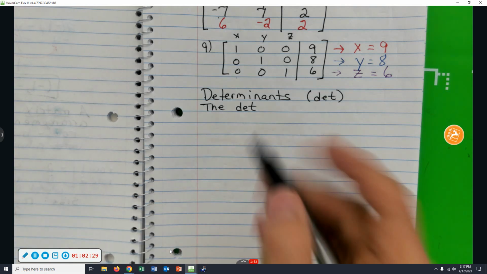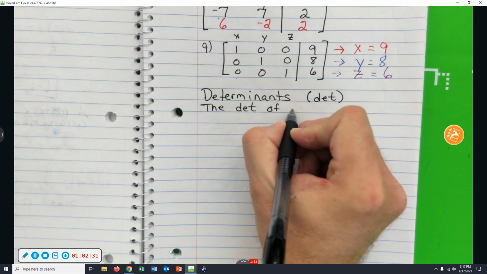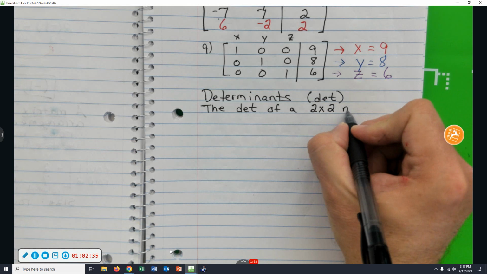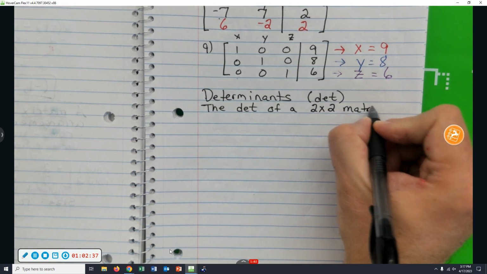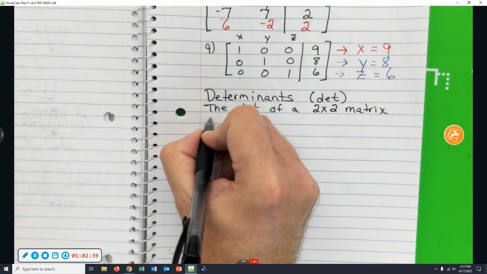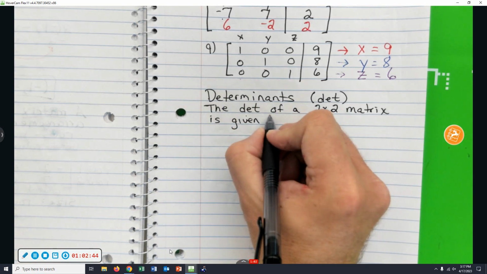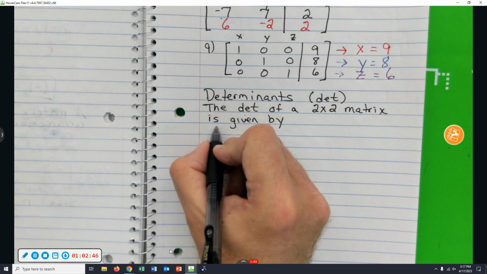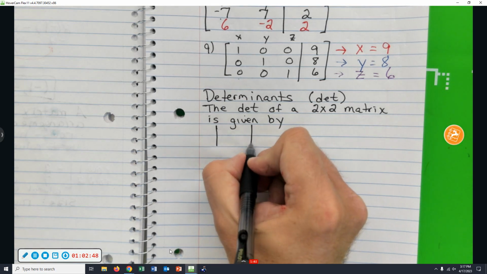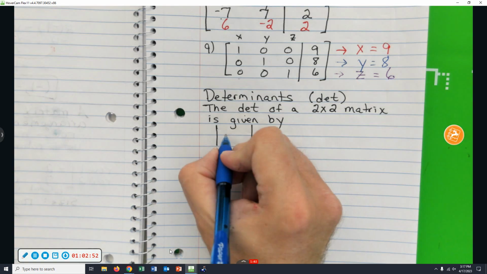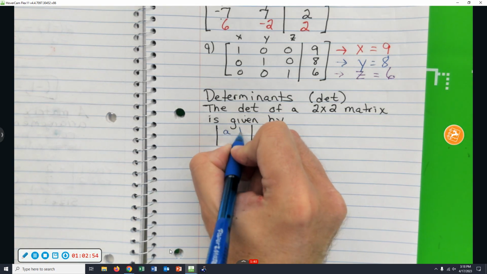Okay. The determinant of a 2x2 matrix. That's a matrix that has 2 rows and 2 columns. It's been a while since we've had a formula. A 2x2 matrix would have 4 numbers altogether.